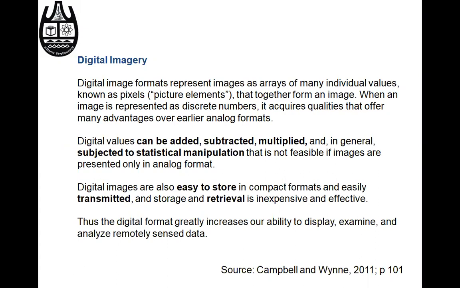But you can also integrate some other information which is not based on light, which maybe you can get by a survey or a detailed other way of information collection. So you can get that information and integrate those things with your digital format. So thus this is very easy to integrate.